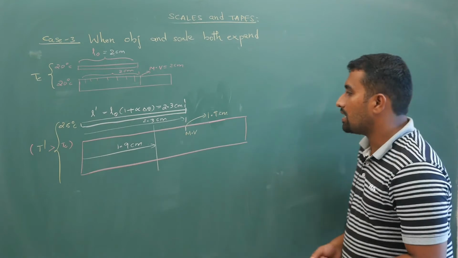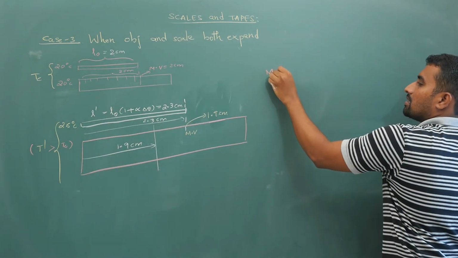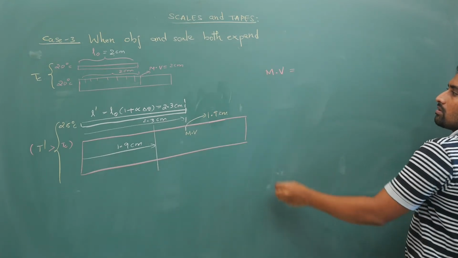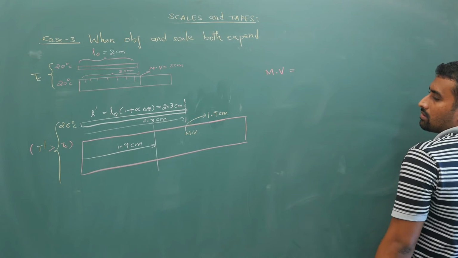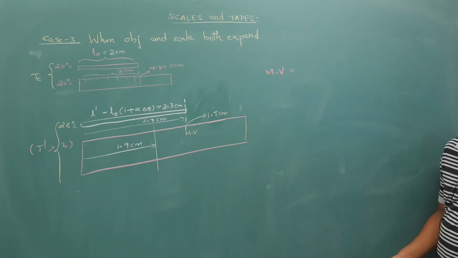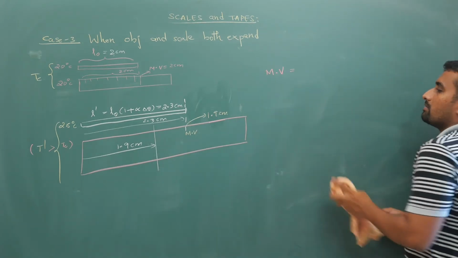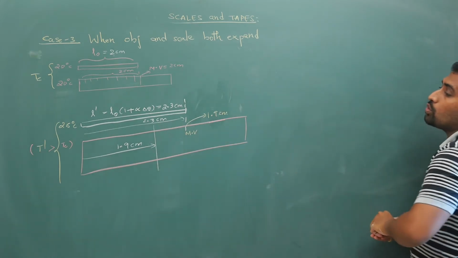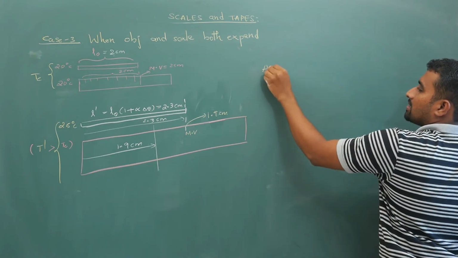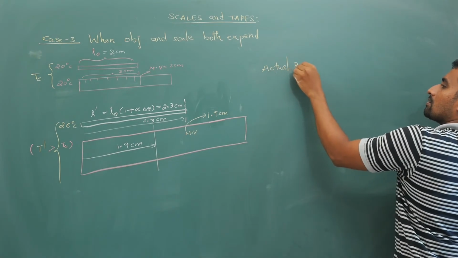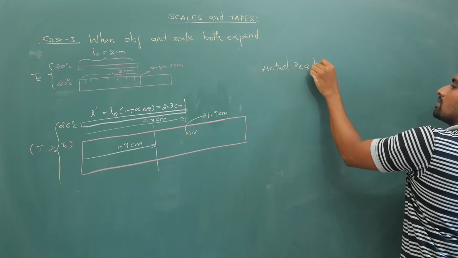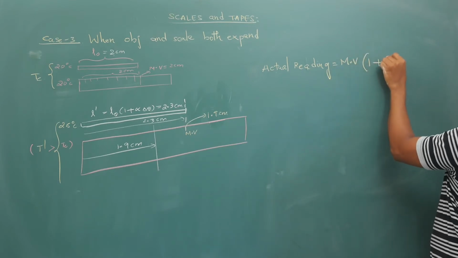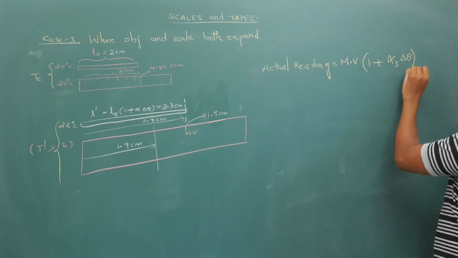Now in this case, your measured value is not what we are going to get here. So your true reading, the actual reading, is once again measured value times 1 plus alpha of scale into delta theta.